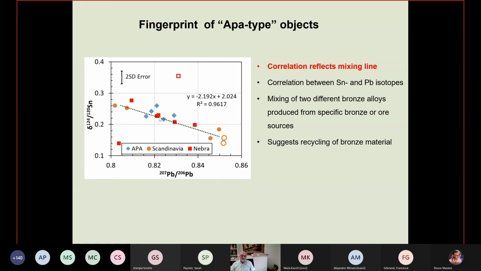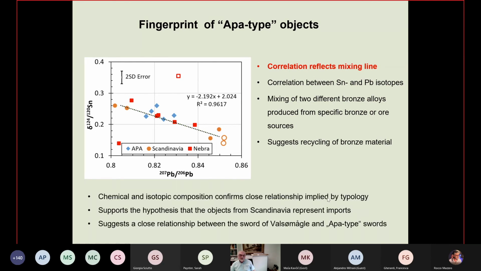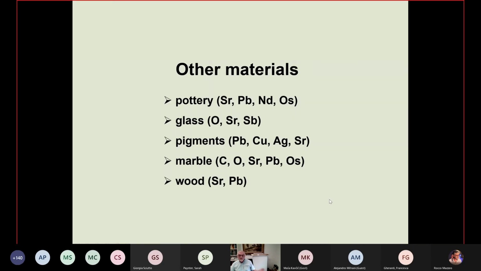This must mean that these swords were all produced in one workshop, which uses different batches of copper from the Mitterberg and different batches of tin, which varies in this. Therefore, we have a wonderful confirmation of the provenance of these swords from, most likely, because that's the time question, northwest Romania. So let me come to the end.